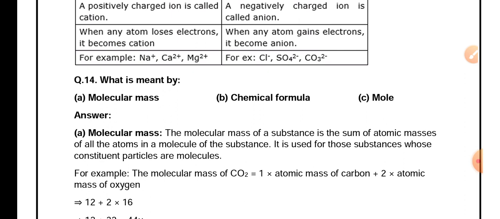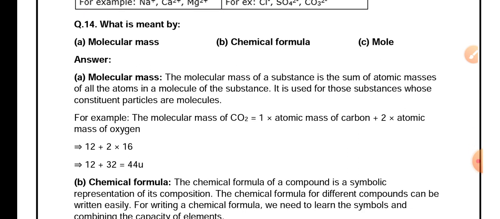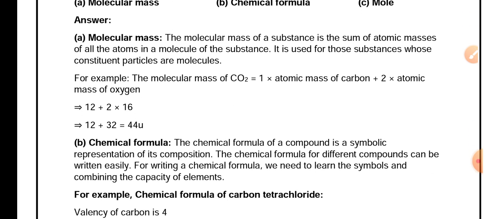For example, molecular mass of CO2 is equal to 1 into atomic mass of carbon plus 2 into atomic mass of oxygen, that is 12 plus 2 into 16, is 12 plus 32, is equal to 44 u.